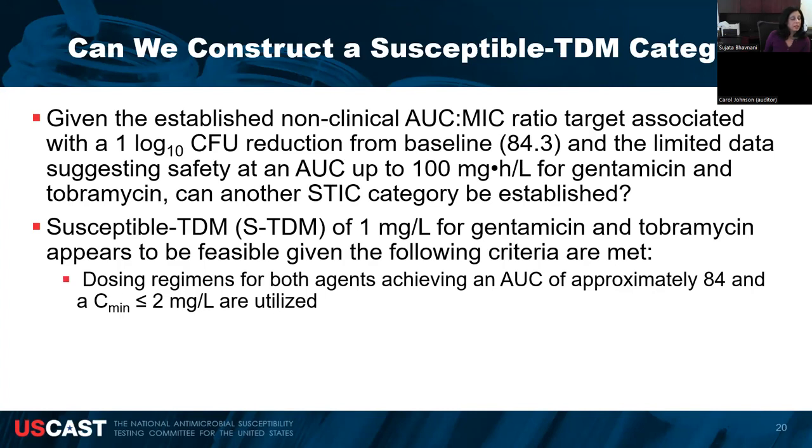And using the limited data suggesting safety up to an AUC of 100 for Gent and Tobra, could we actually construct another category? And if we did that, would it be based on an MIC of 1 for Gent and for Tobra? Again, that was where we were drawing the line at susceptible versus resistant. Could we do that, and knowing that we would target an 84 but keep our Cmins less than 2?